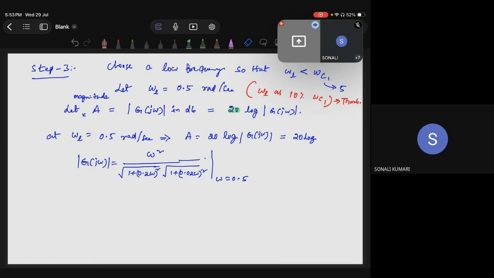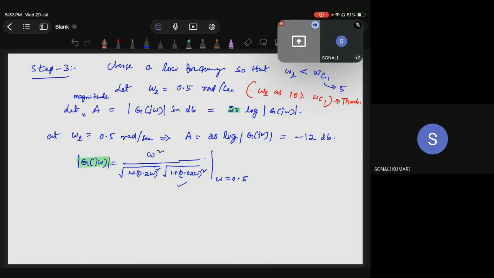Let me write it directly here. Substitute omega equal to 0.5 in this expression, and you will get this value. Then substitute that value here, so you will get minus 12 dB. Minus 12 dB, that is the first one.